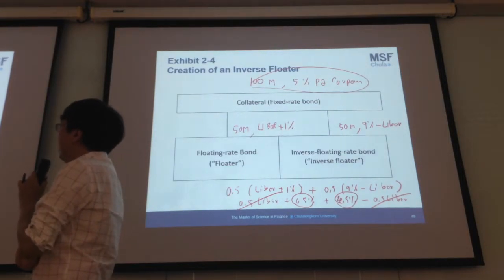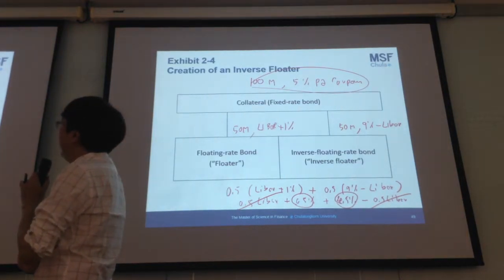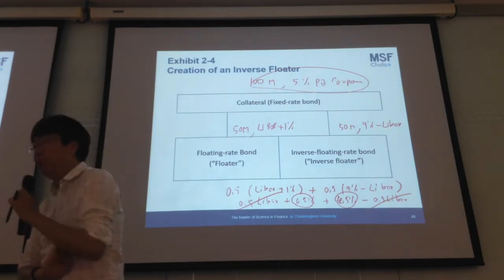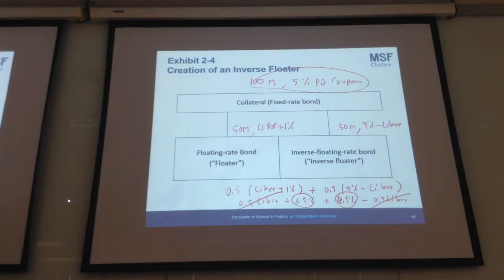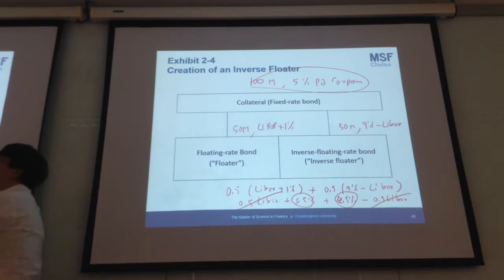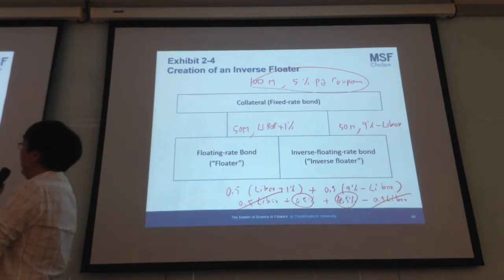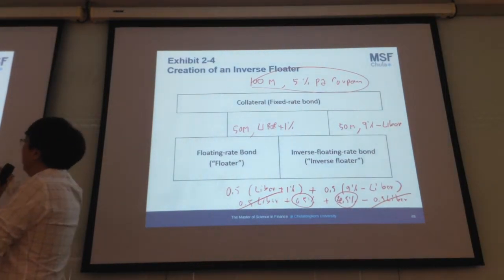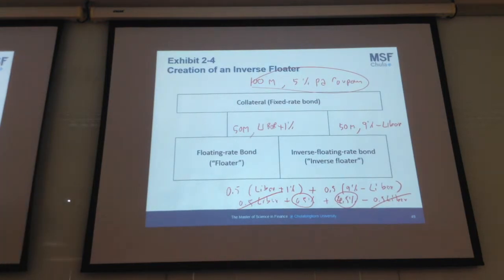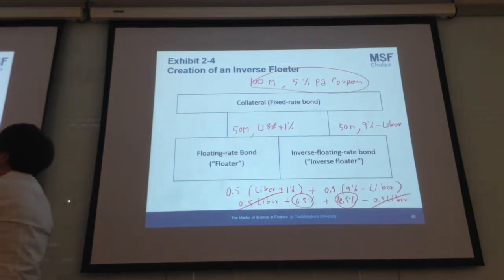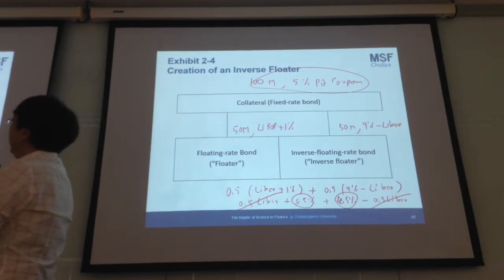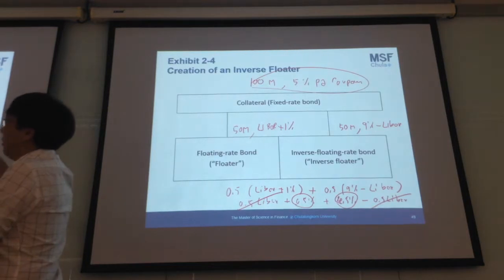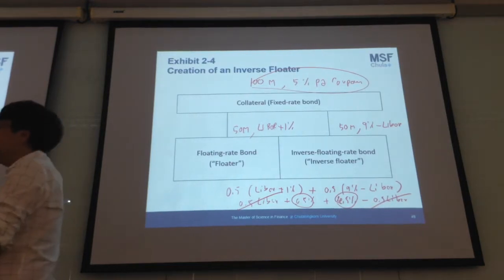And also we can write the value of this fixed rate bond equal to the value of the floating rate bond plus the value of the inverse floater. Okay, the bond price of the fixed rate bond is equal to this one plus this one, right? When the market interest rate decreases, the collateral, the fixed rate bond, increases.